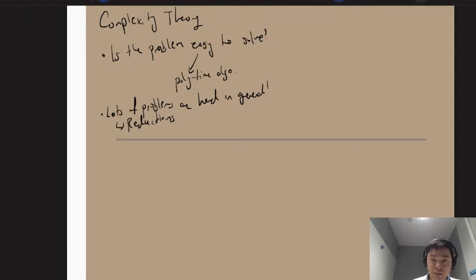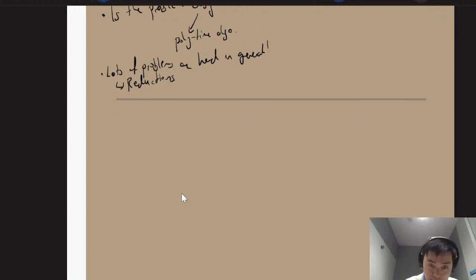The usefulness of a reduction is that it illustrates the actual relationships between these different problems. What you'll see later on as we do the problems is that even though they are in different settings, a lot of them are very similar to each other.